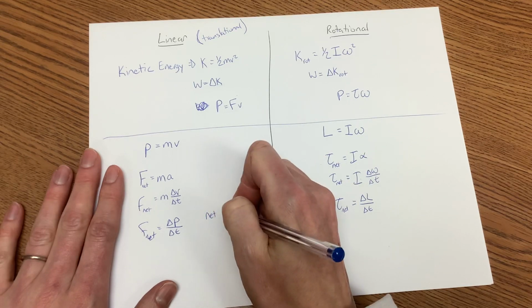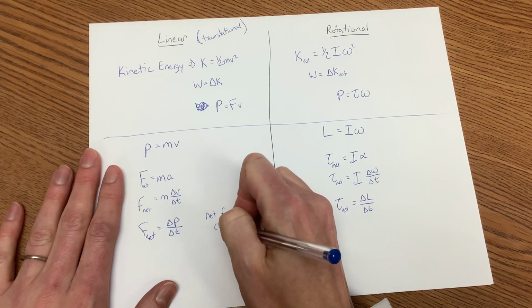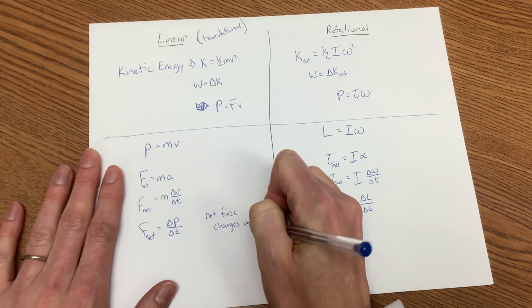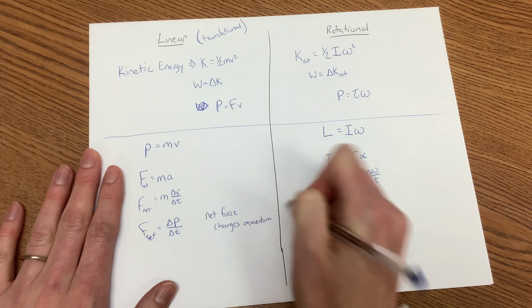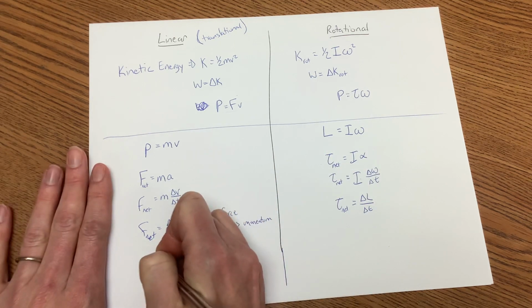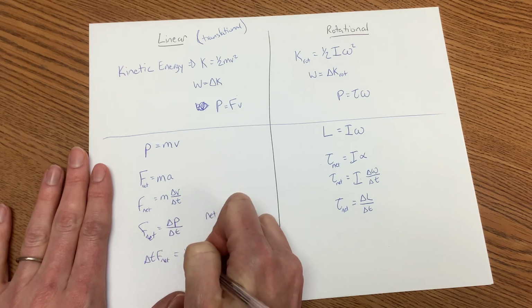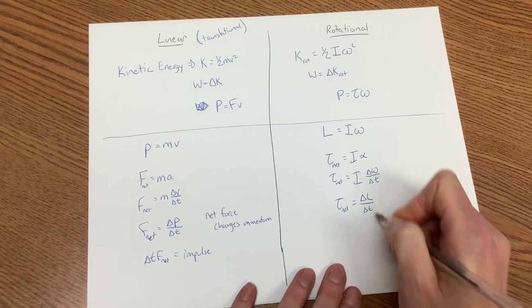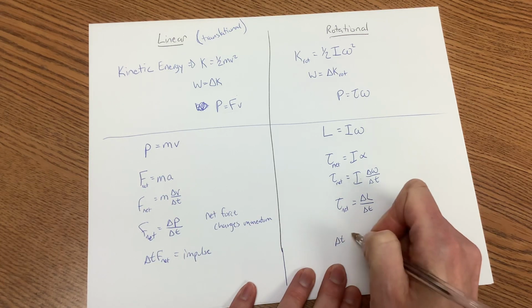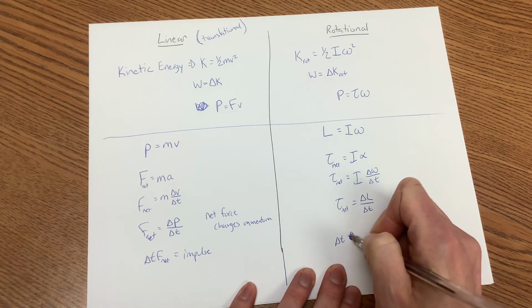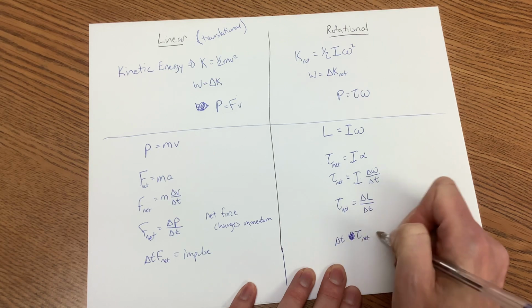So we wrote that before, net force changes momentum. In fact, what we then did was we wrote the delta t on the other side, so delta t times the net force. We called that impulse. So we can do that over here, delta t times the net torque.